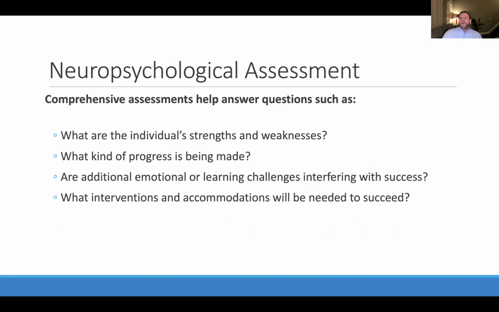Any good neuropsychological evaluation includes that psychological component, and so we should also be understanding if there are any emotional challenges that might be interfering with the student's success, right? And then the goal, if we do a wonderful, thorough evaluation, is that it leads us to a better understanding of what the interventions should be. If it doesn't, then we haven't done something that's really of benefit, right?